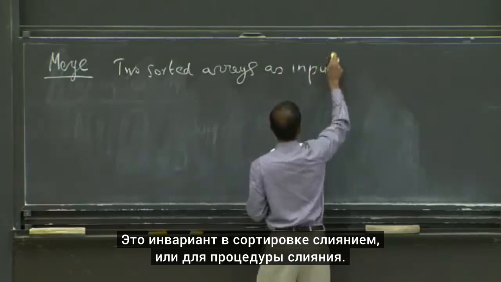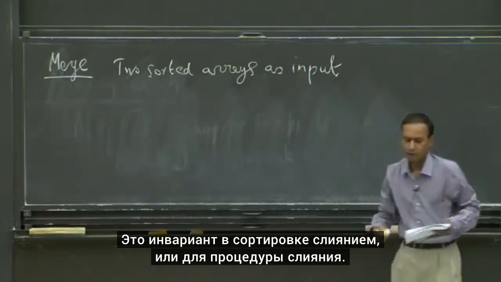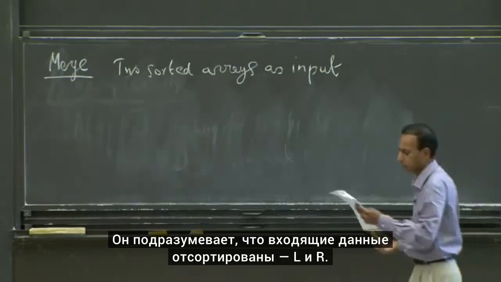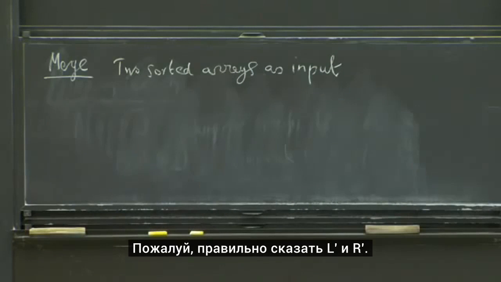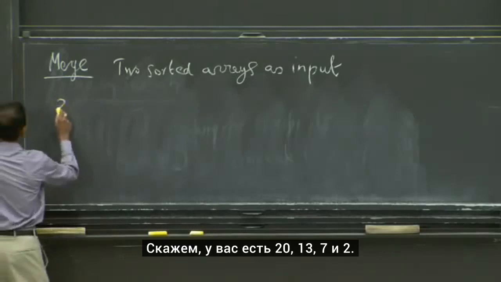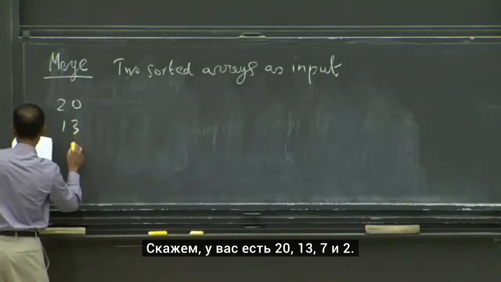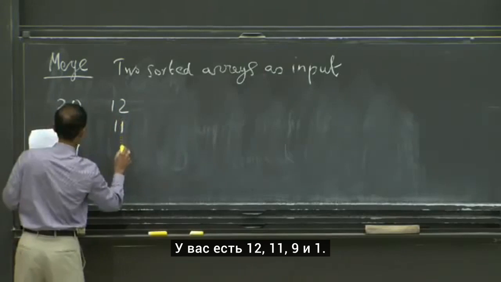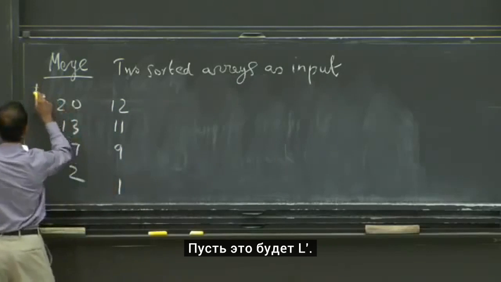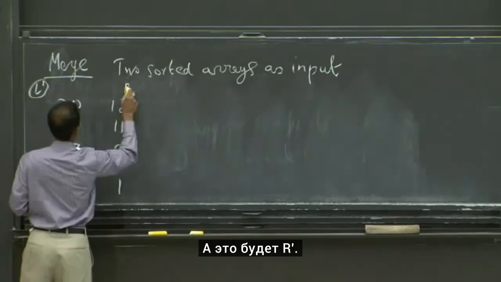That's the invariant in merge sort, or for the merge routine. It assumes the inputs are sorted, L and R, actually I should say L prime and R prime. So let's say you have 20, 13, 7, and 2. You have 12, 11, 9, and 1. And this could be L prime, and this could be R prime.